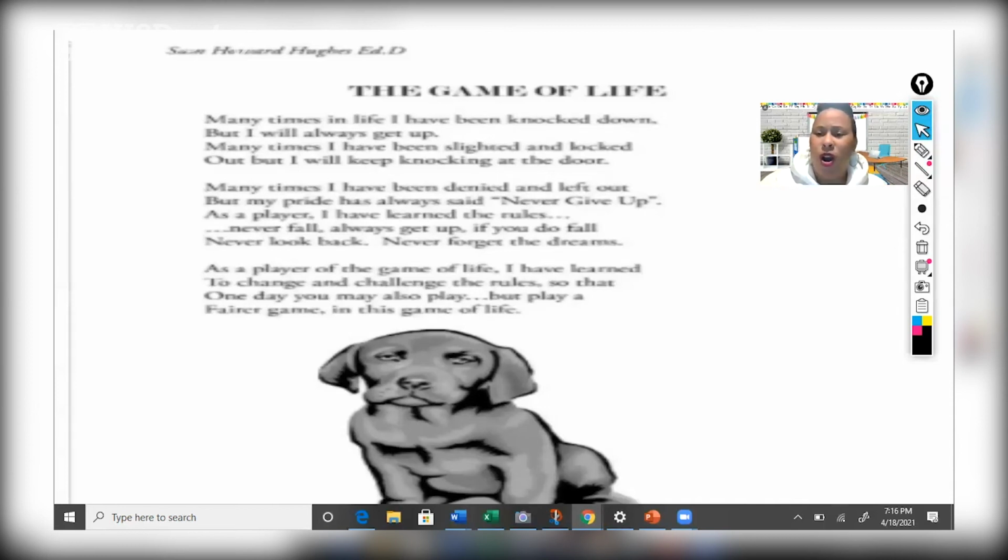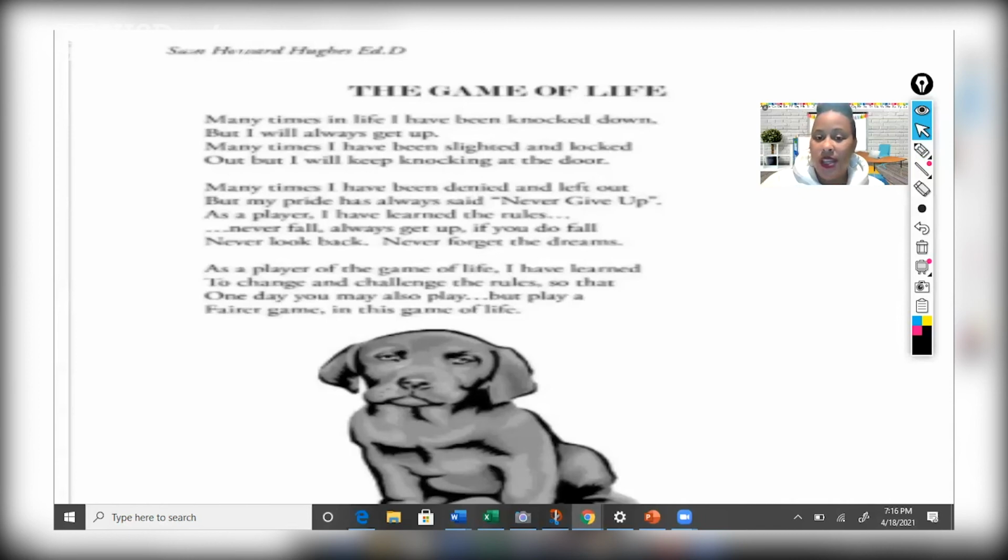What do you think the author was trying to teach us in this poem? Was he trying to tell us a story or give us a message or share feelings? In this poem, the author was trying to teach us to never give up.